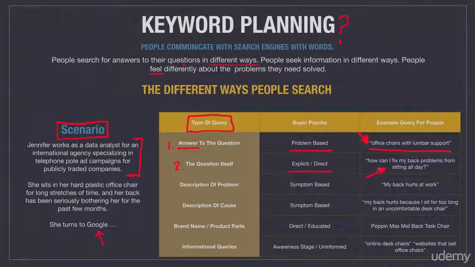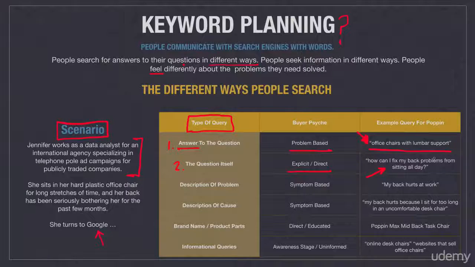These are guidelines. And you have to assess your situation, your scenario, your unique products whenever you determine psychologically where a buyer is coming from. In our case, it's very interesting because there's more than one way to solve back problems. And Jennifer might not have any interest because she didn't indicate that she wants a new office chair. She might want a therapeutic ball. She might want to find a doctor.